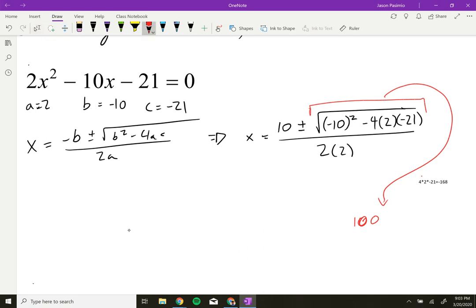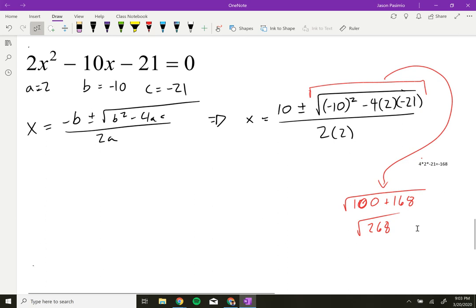Oh, I missed a negative in there, so it should be plus 168. 100 plus 168 is 268. And these were both inside a square root. So now what I need to know is, what is the square root of 268?